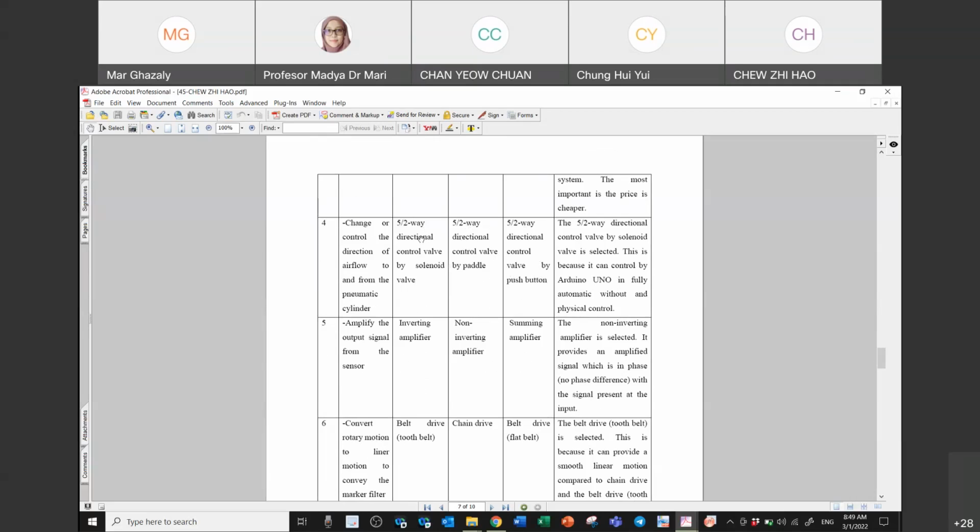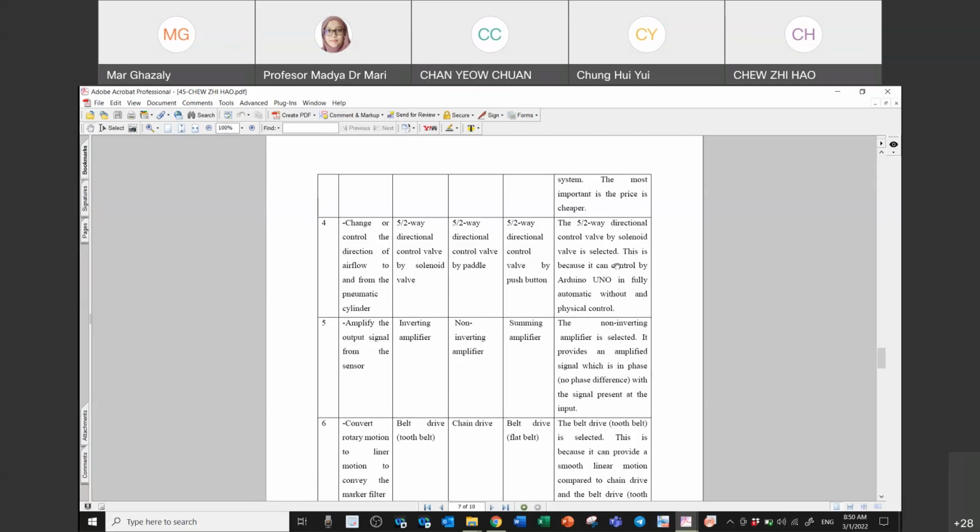You know that you have a 5/2-way directional valve, a 5/3-way valve. So you should be using different types of category, not the same, like by pedal, by cylinder valve, and so on. Don't duplicate the same thing like this. If you duplicate the same thing, you won't get marks here because it's almost the same.